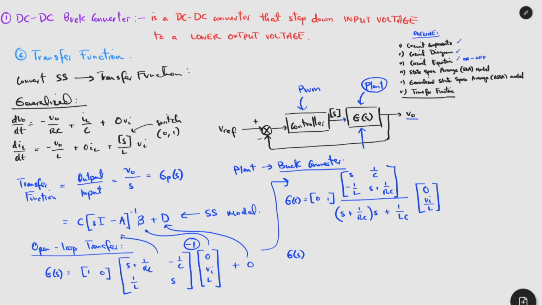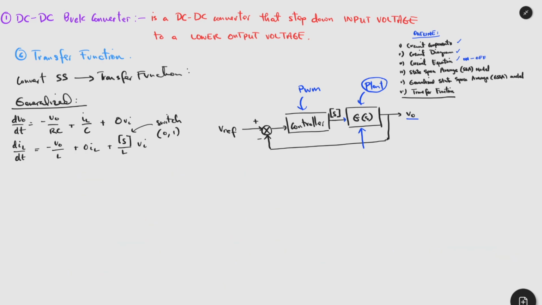Now we can have G of s is equal to vi on L over s squared plus 1 on RC s plus 1 on LC. So this now becomes our open loop transfer function of this DC to DC buck converter.